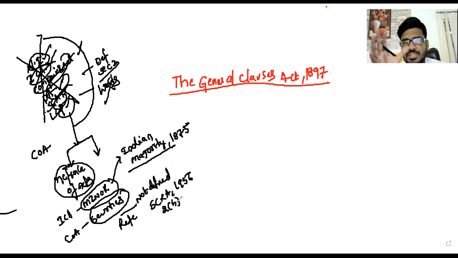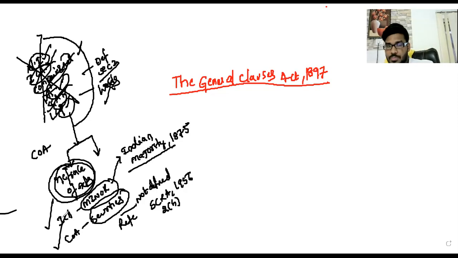Like that, what is the first option? Whenever some terms are not defined in an act, they can give a reference to other acts. This is the case with the Indian Contract Act and the Companies Act.